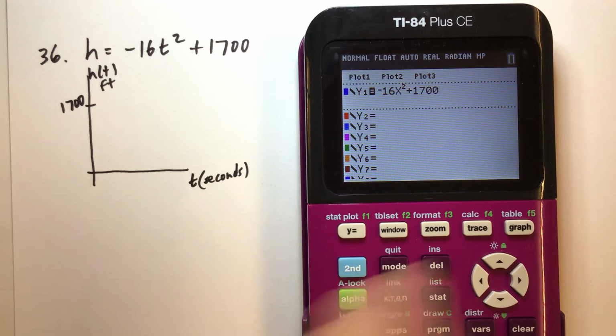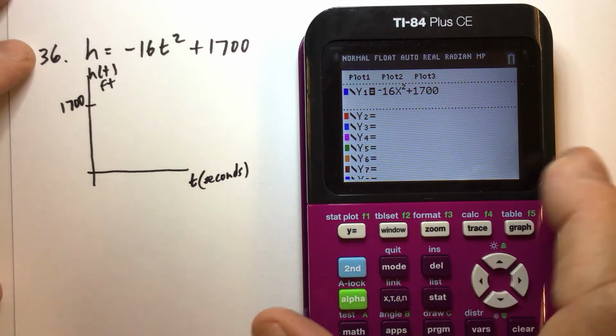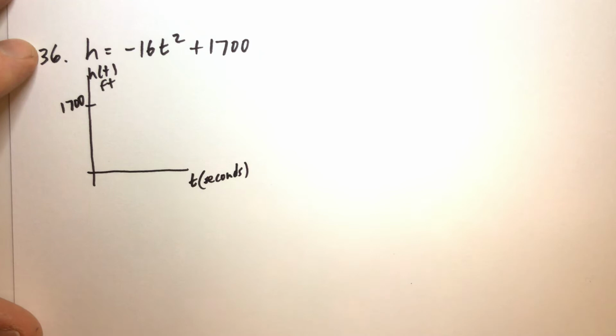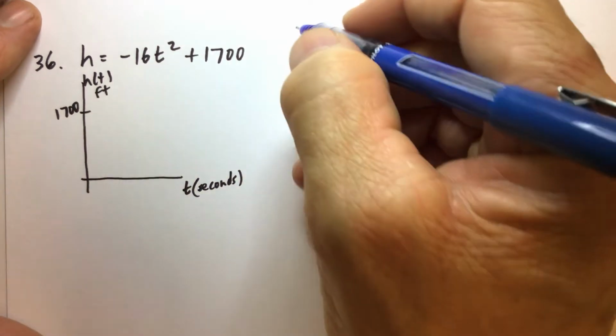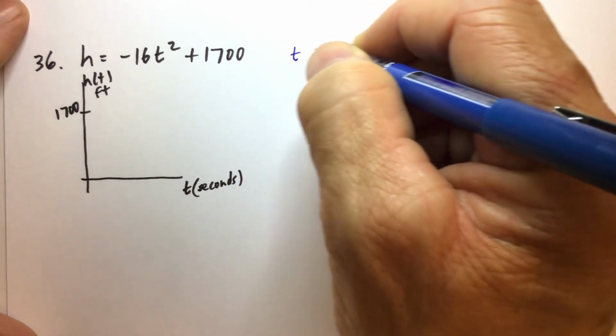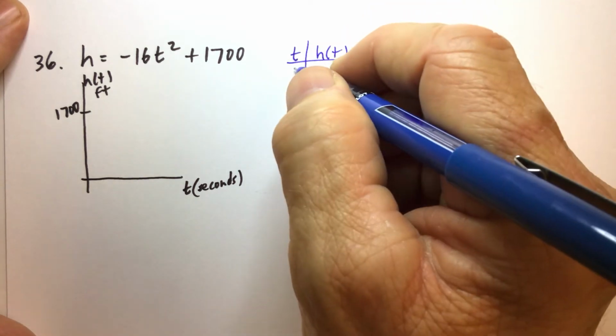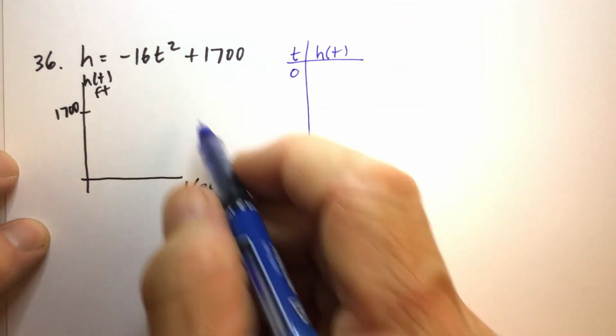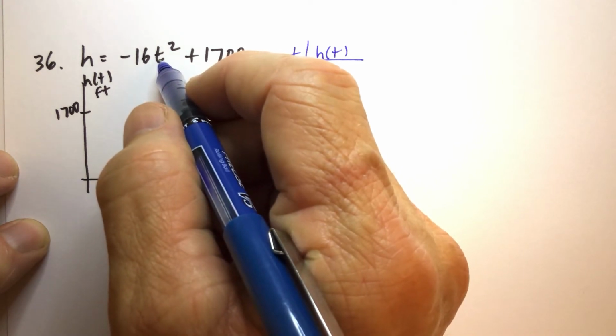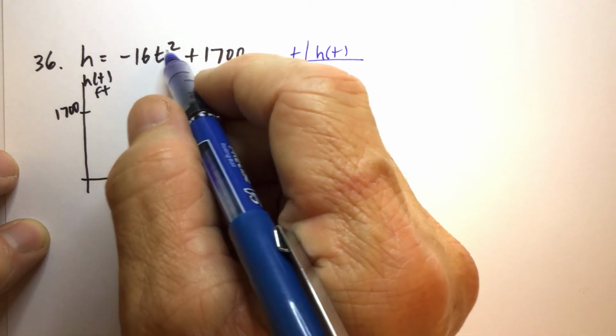Well, if we don't need the calculator yet, but if we set up a t and an h of t chart, when t is 0, we would replace t with 0 and get negative 16 times 0 squared, which is just 0.